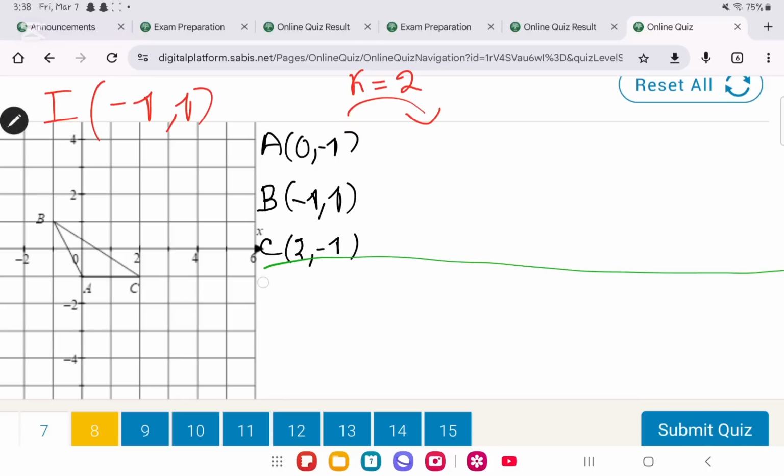So to find the x prime of any point that is not at the origin, okay? We are doing this case because the center is not the origin.